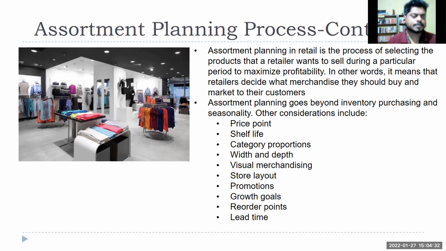Growth goals as a company: what kind of achievement you want to get within the next 3 months or 6 months. Reorder point: certain reorder points are fixed. Every week an order will go and then the merchandise will come, depending upon the requirement. So what kind of inventory policy do you have, what kind of contract do you have with your suppliers?